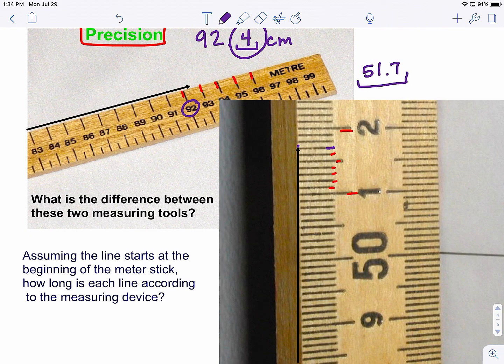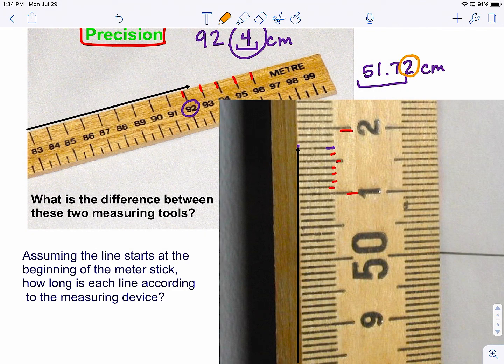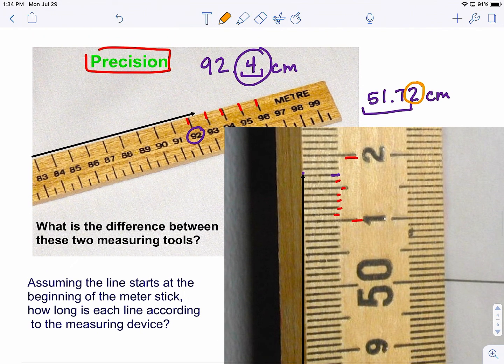These are the digits we know with certainty. So our estimated digit, again, this could vary between people. Let's say 51.72 centimeters. Now our estimated digit is in the hundredths place. And instead of having 3 sig figs like we do here, now our measurement has 4 sig figs.